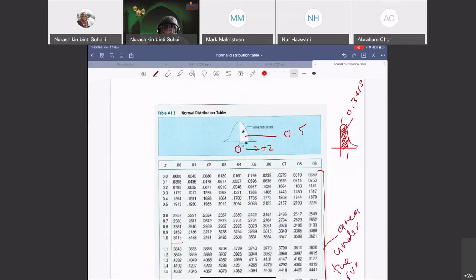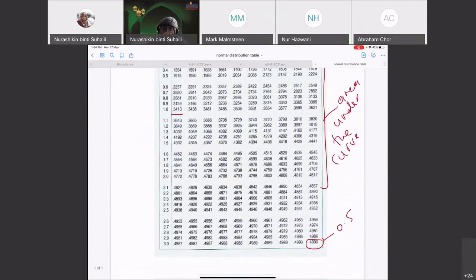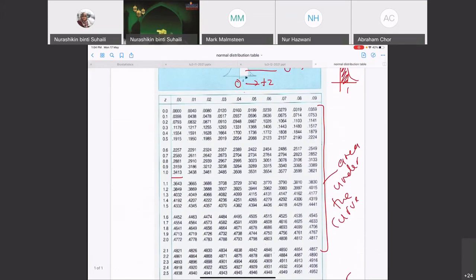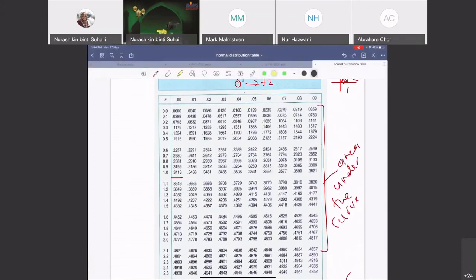Then you go to the table and find. Now you have to find from the inside to the outside, because now you have the value of the area. So go to 0.437. What's the nearest value? You just get the nearest value. Here you got 1.5, and here. So the Z value that you are looking for is 1.53.